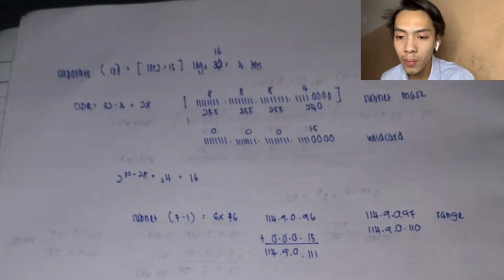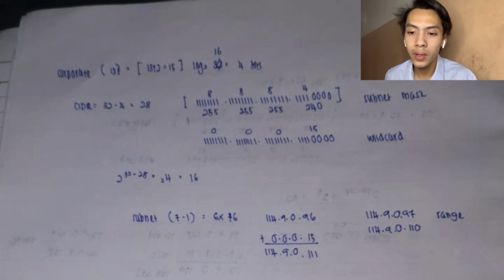And then for the subnet mask, we borrow 4 from here. And then for the wildcard, we got 15 as 255 minus by 240. And then 2 to the power of 32 minus 28, we got 2 to the power of 4, and then we got 16.